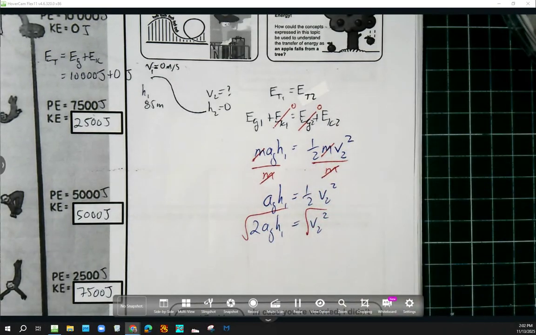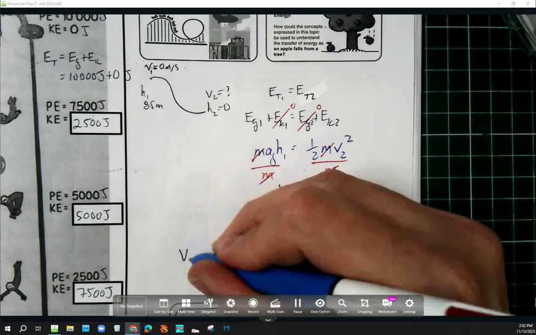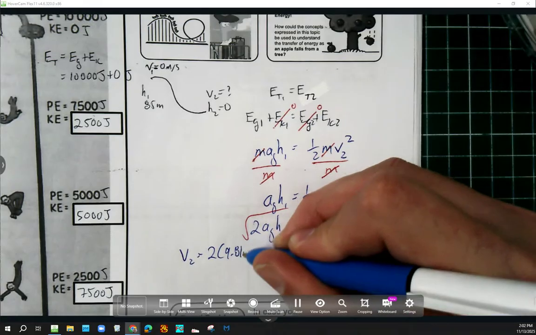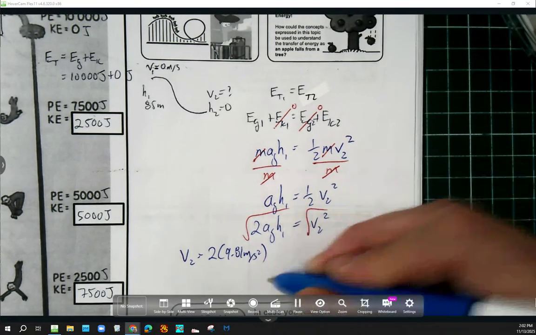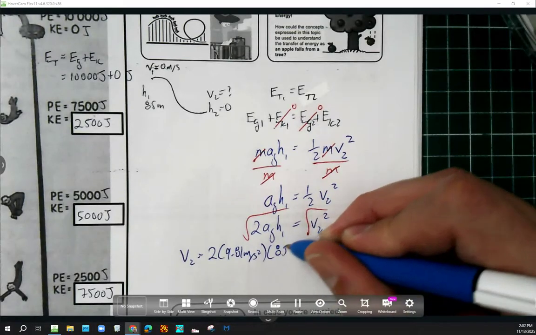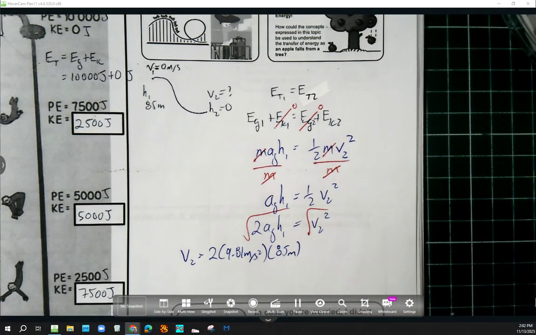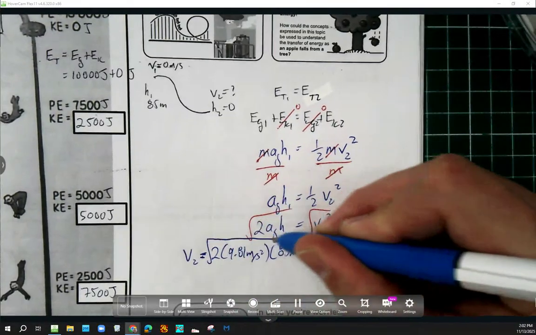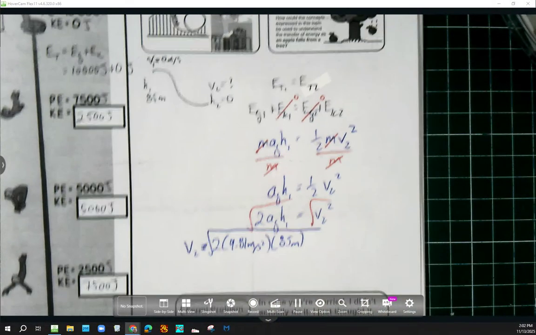And if I wanted to sub in my values, I'd say v2 is equal to 2 times 9.81 meters per second squared times height 1, 85 meters. That is a ridiculously high roller coaster. But if you've ever watched the cartoon that this character is from, you'll know that things are ridiculous on this show.